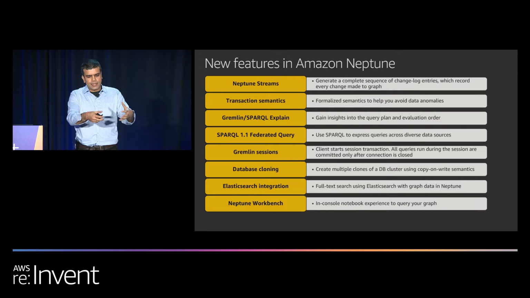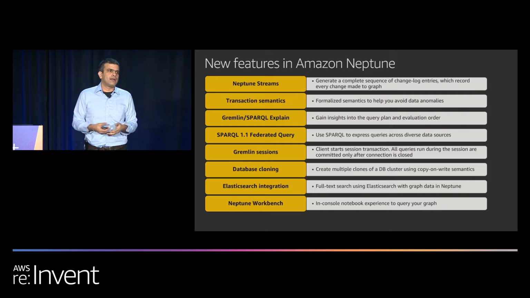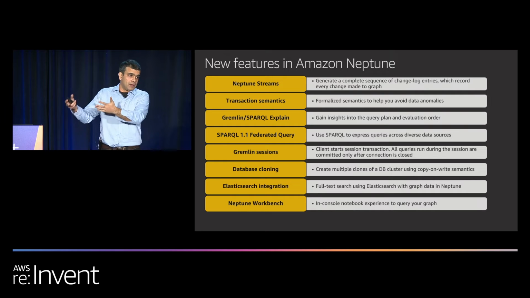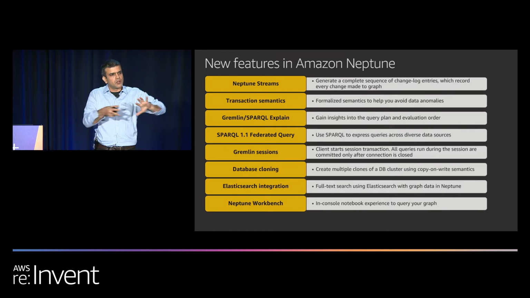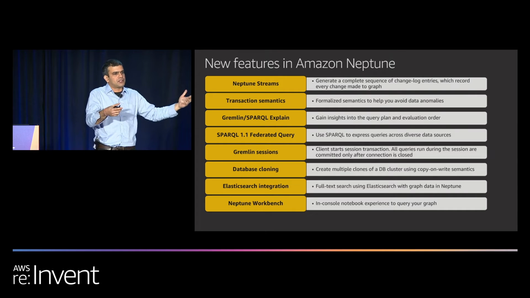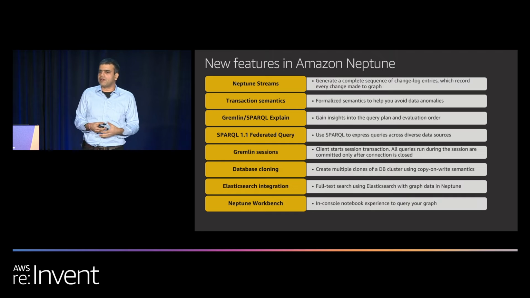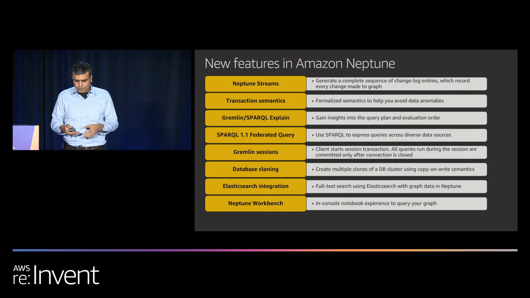So you can take a clone of your existing cluster and restore it for, let's say, a backup of your production data, or you want to try out the latest version of Neptune but you don't want to impact your production cluster. Once you find that stable enough, then you go upgrade your production cluster. There are various use cases of database cloning that you could use.